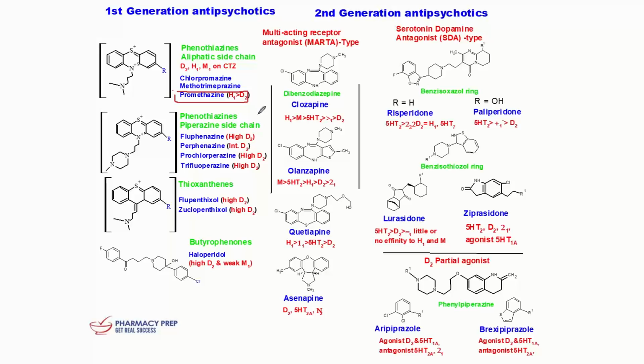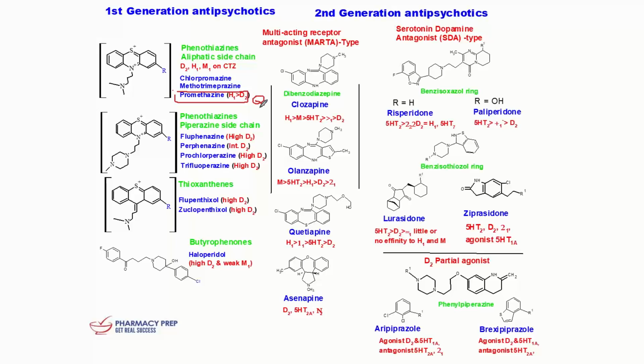Although it belongs to a similar structure and is a type of antipsychotic drug, it primarily acts by inhibiting the H1 histaminic receptors. So it has more histaminic effect and almost nothing on dopamine. So it has never been used as an antipsychotic drug.